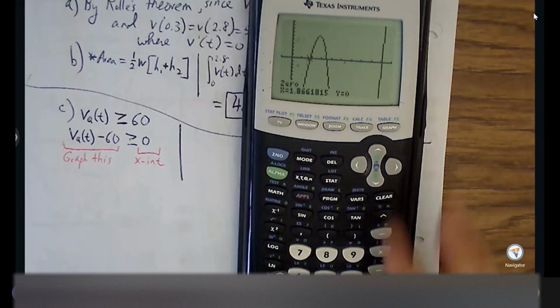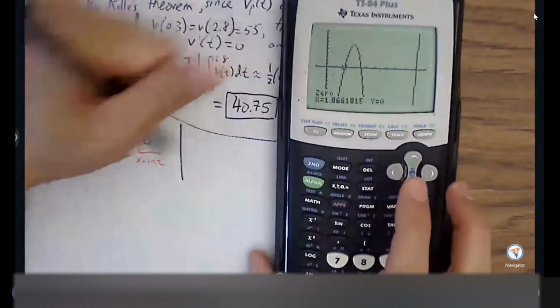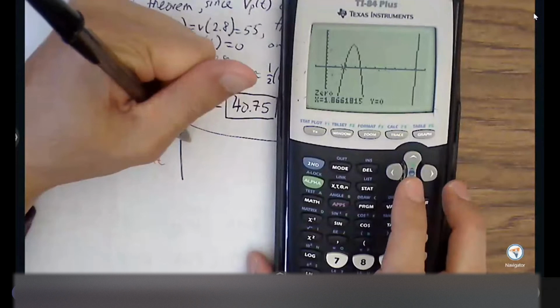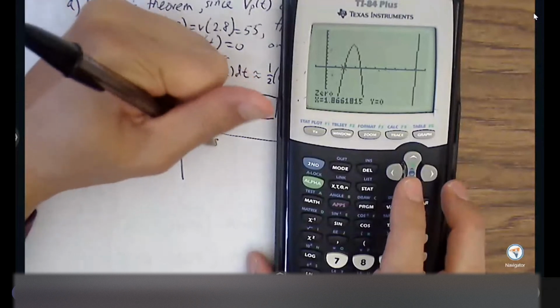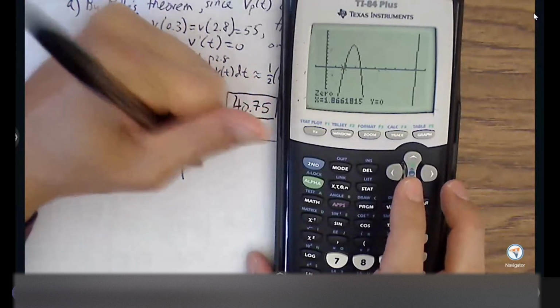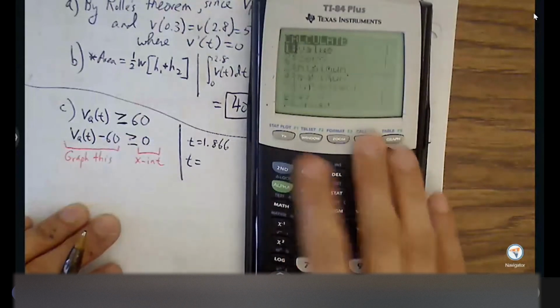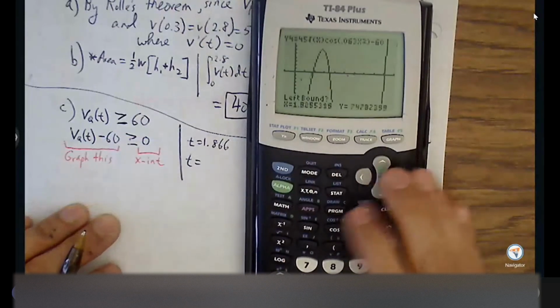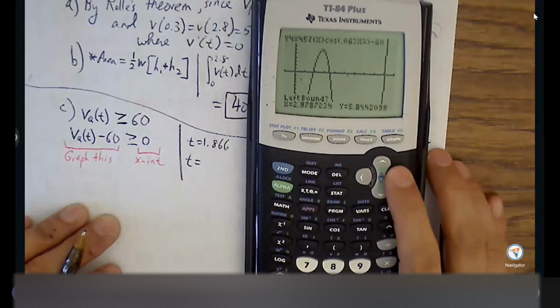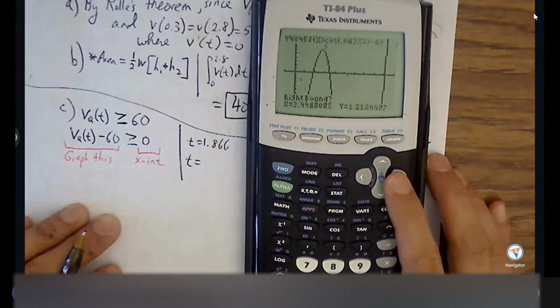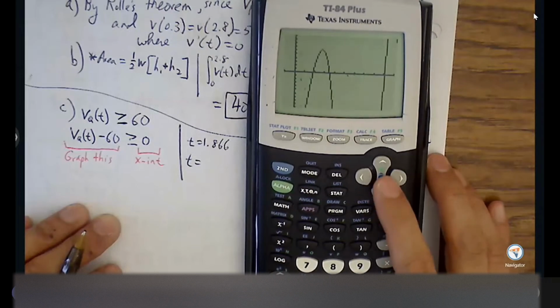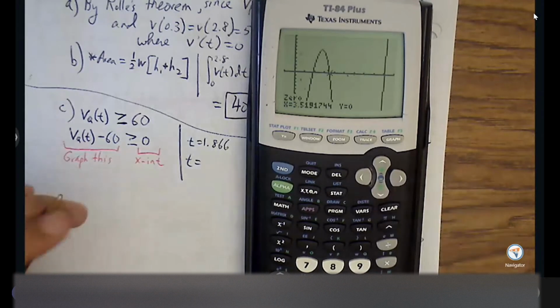T equals 1.866. Second trace to get to that second one here: 3.519.